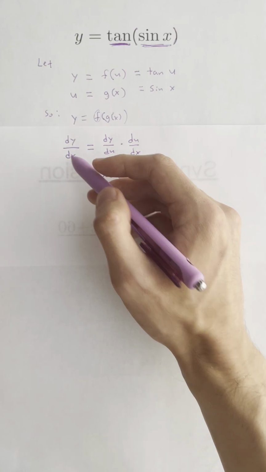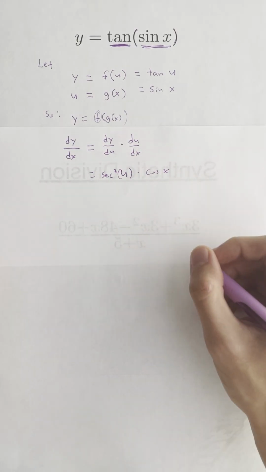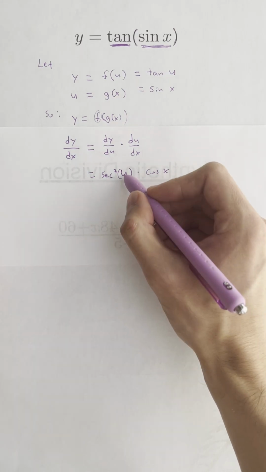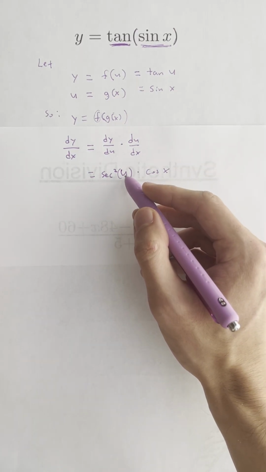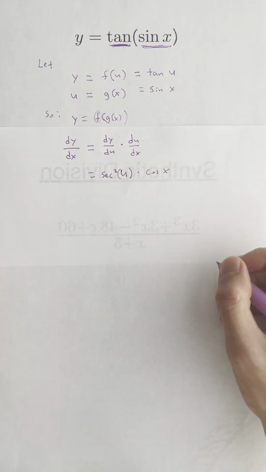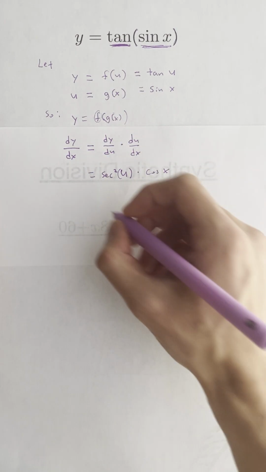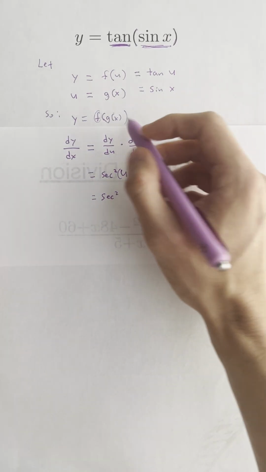Now we want dy/dx, so we can only have x's here. We can't have any u's. What is u equal to? What can I change u to here, according to this equation? I can change it to sine x.